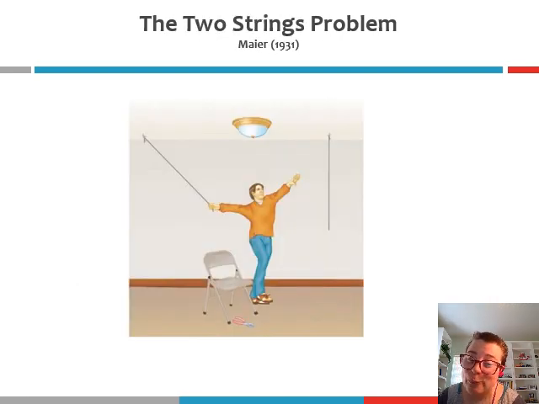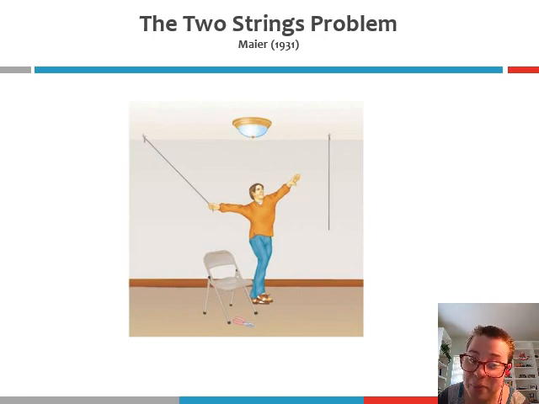So again, before we talk about why this is interesting, I'm going to present you guys with one more problem. This is called the two-string problem. Basically, your objective in this problem is you're given a chair and a pair of pliers, and using just those items, you need to tie these two strings together.